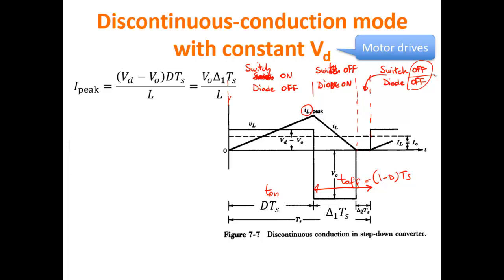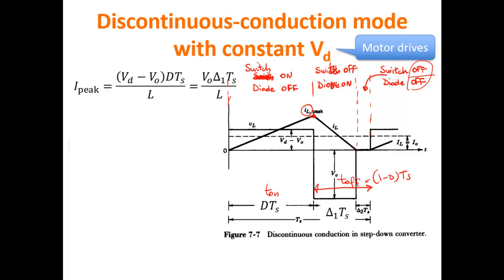So let's look at the same thing from a more quantitative point of view. Of course, what I need to know is the peak current, but that part is easy. I can compute it because I know both the slope during the first phase, during T-on, and also the slope during delta 1 Ts.